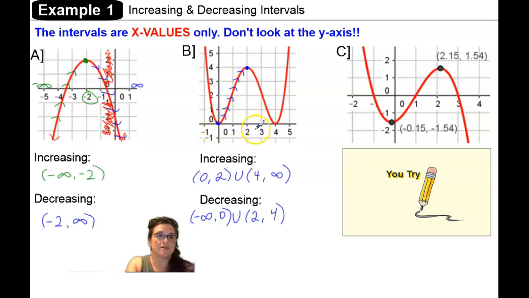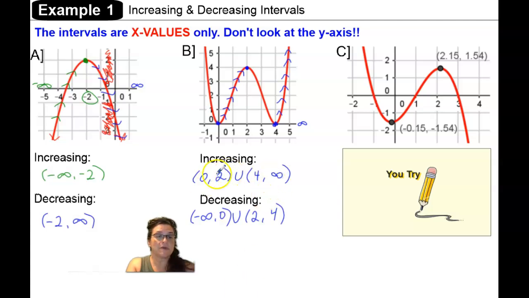So this is our interval from 0 to 2 where the graph is increasing. Then it's decreasing and picks back up again here at 4, and from 4 to positive infinity, we can see that the graph is going up, up, up again. Okay, so that would be our intervals of increasing.